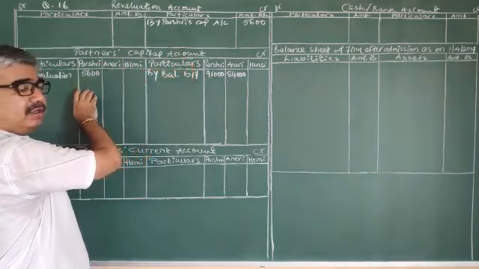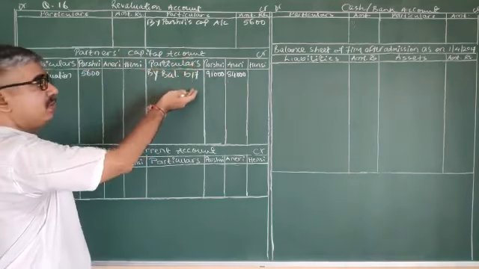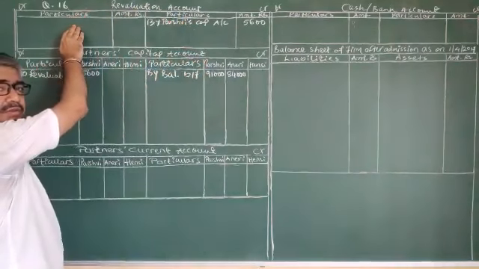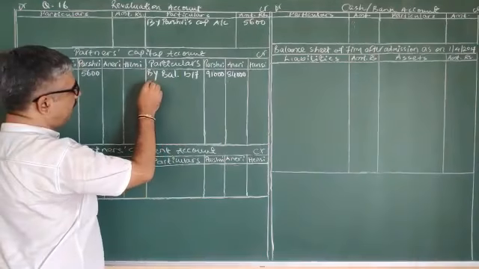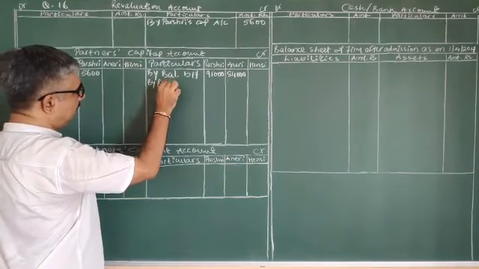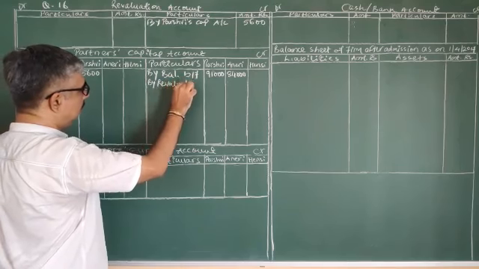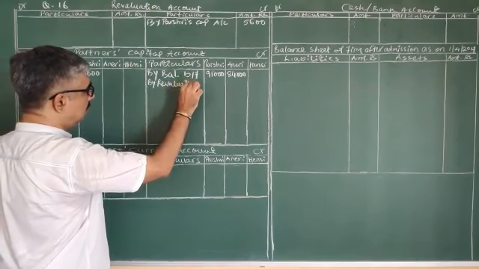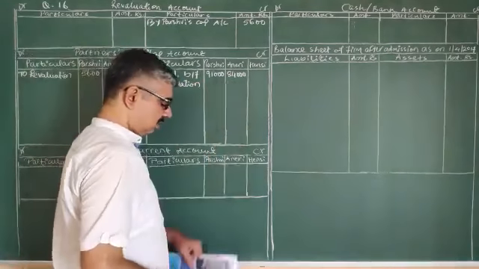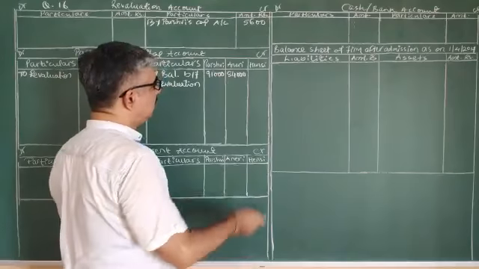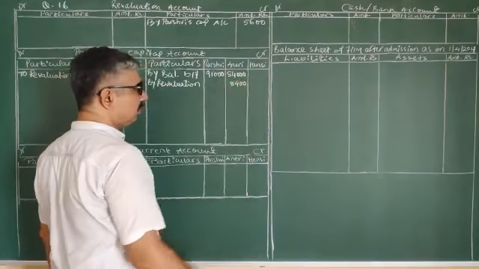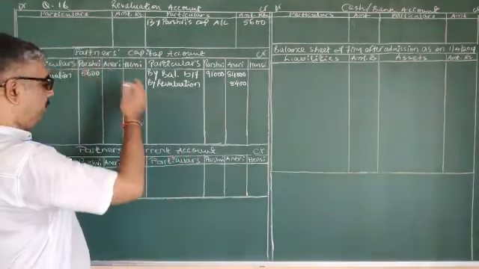There it is debited, here it should be credited. There it is credited, here it should be debited. Okay? So by revaluation account, in the analysis column, 8,400. Here a positive line.